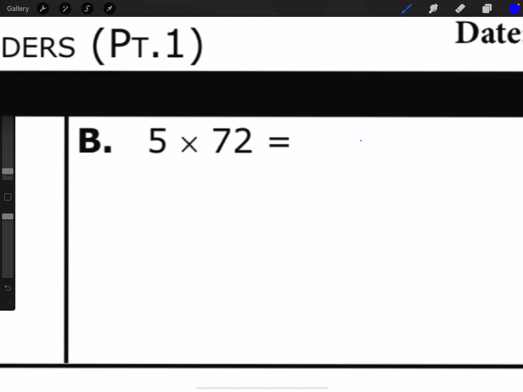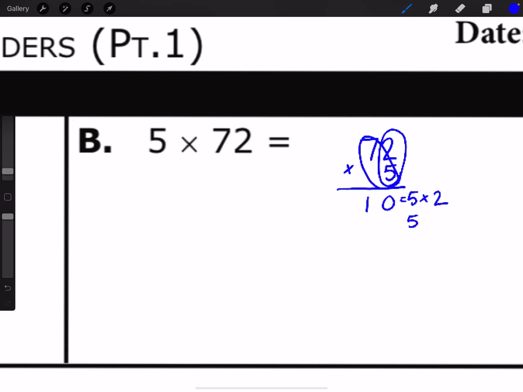And we will do the partial product method. So we're going to do our bigger number on top, 72 times 5. Okay, so we know that if we do this, it is 5 times 2, and that equals 10.